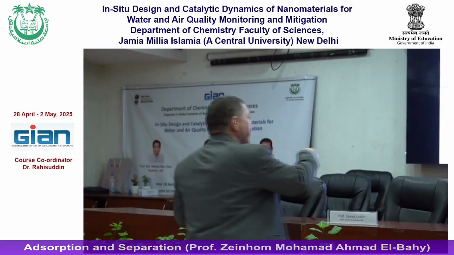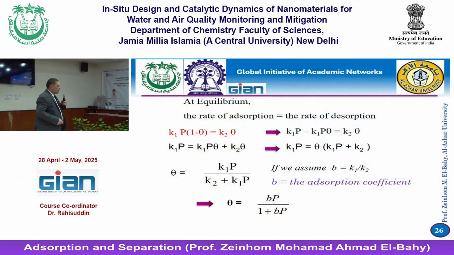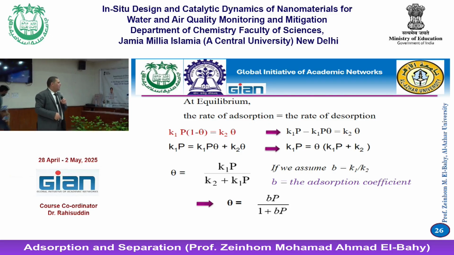If P is very small compared to 1, this value can be neglected and theta will be b times P. And if P is very large, then theta will equal 1.